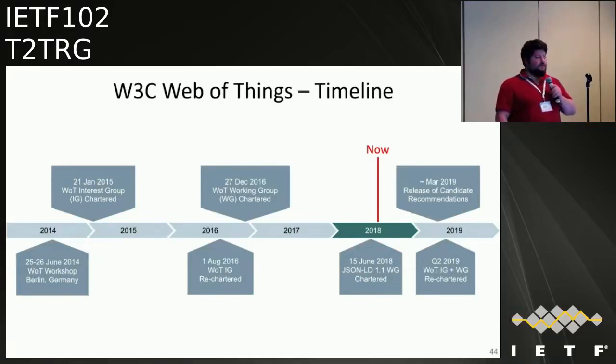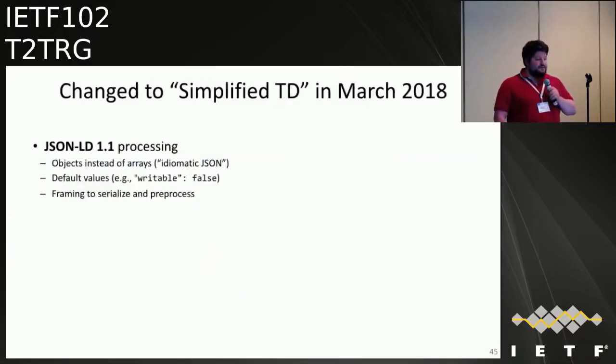We started the work with version JSON-LD 1.0, and then we got a lot of feedback that it feels a bit weird, and there are some things that application developers were not happy about. Most of these issues are addressed by version 1.1, which is why in March, we decided to change to a new format of the thing description by adopting JSON-LD 1.1 processing.